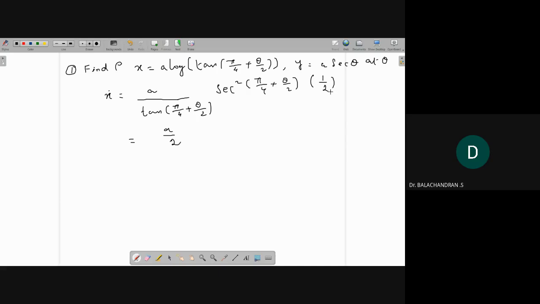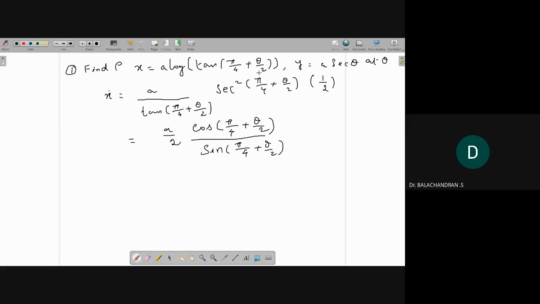And then here, this you can write as sine of pi by 4 plus theta by 2 divided by cos of pi by 4 plus theta by 2. So cos of pi by 4 plus theta by 2 comes to the numerator, divided by sine of pi by 4 plus theta by 2.